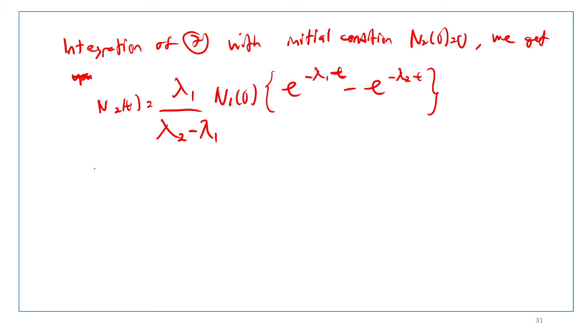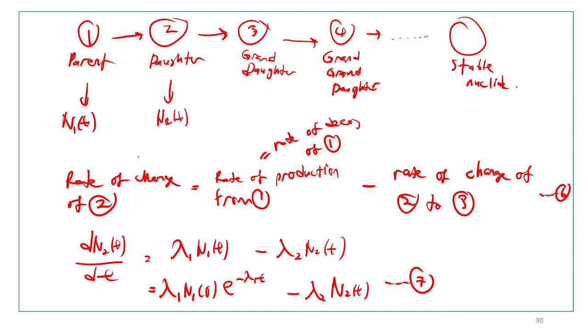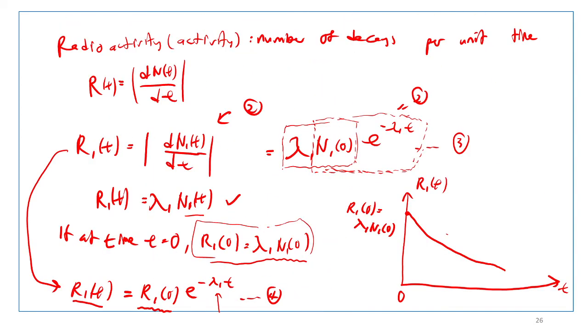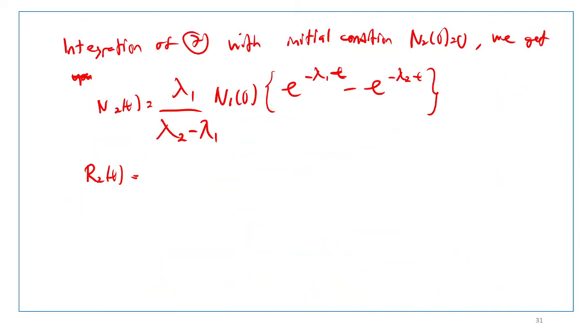And similarly, R2(t) is like R1(t). R1(t) is decay constant 1 multiplied with N1(t). So R2(t) is lambda 2 multiplied with N2(t).